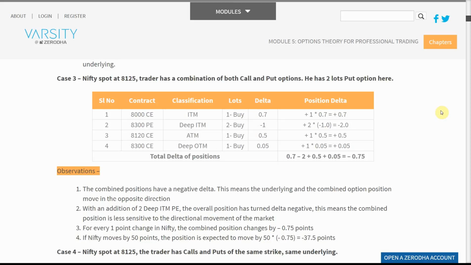Total delta of positions: 0.7 minus 2 plus 0.5 plus 0.05 equals minus 0.75.